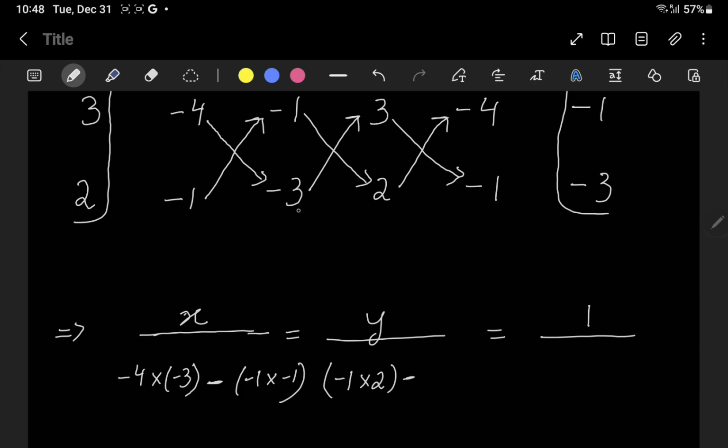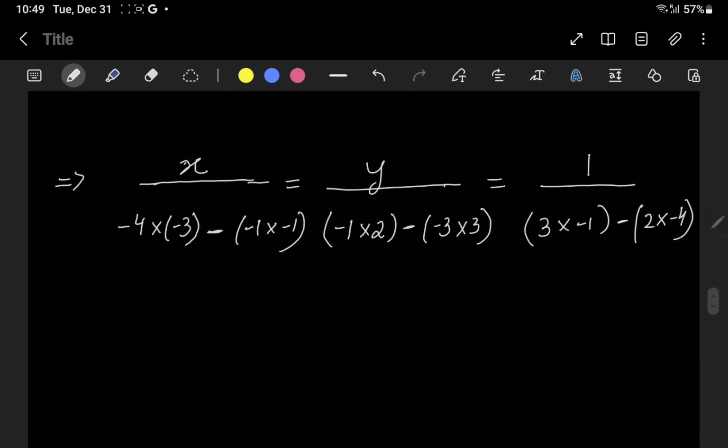Again minus 3 will multiply with 3. In the next step, 1 over, we use this sign. The last one, 3 from tail to head, 3 multiplied by minus 1, again with a minus sign, and 2 multiplied by minus 4.